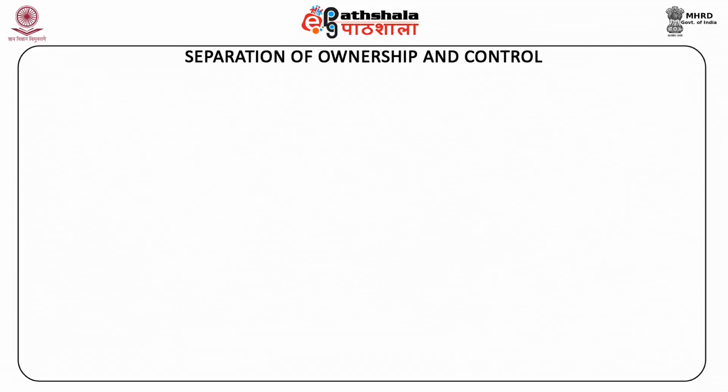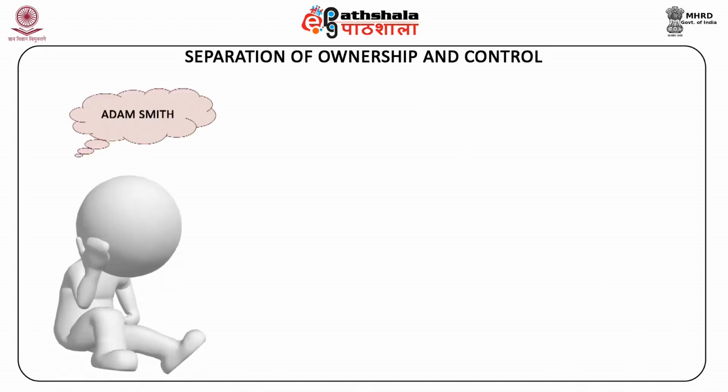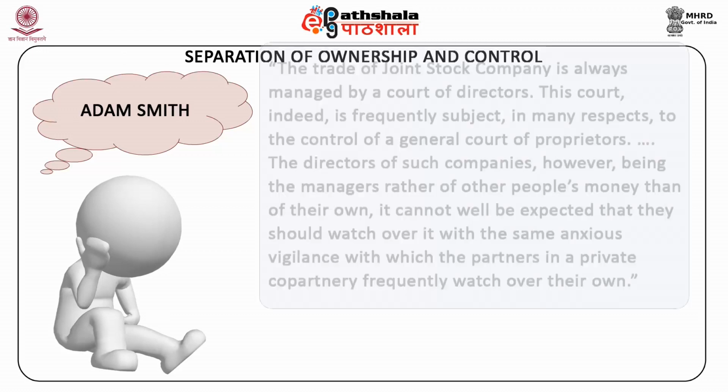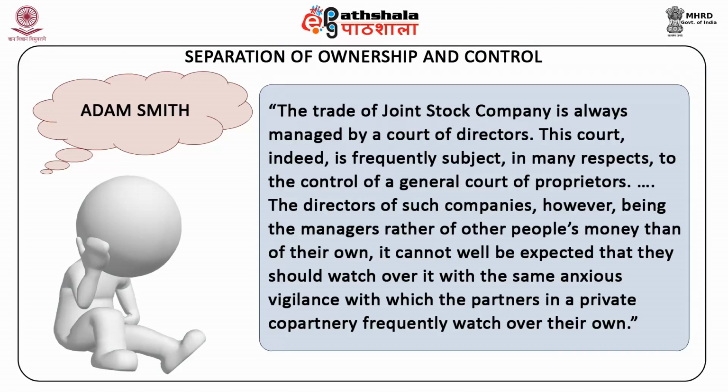The concept of separation of ownership and control dates back to Adam Smith, who first gave some reference to it in his work The Wealth of Nations in 1776 by saying that the trade of a joint stock company is always managed by a court of directors. This court indeed is frequently subject in many respects to the control of a general court of proprietors.